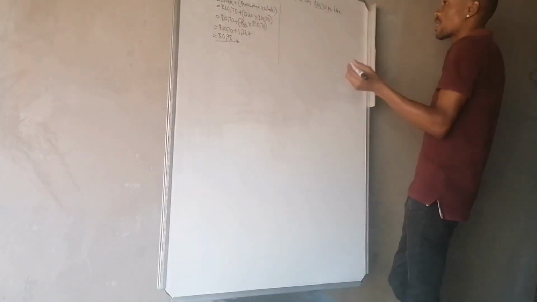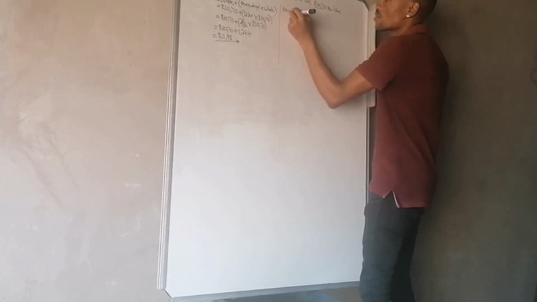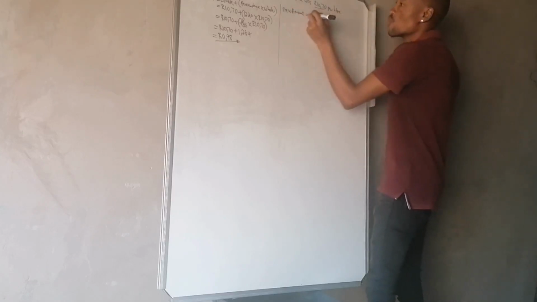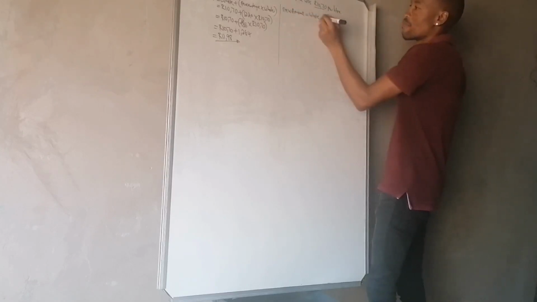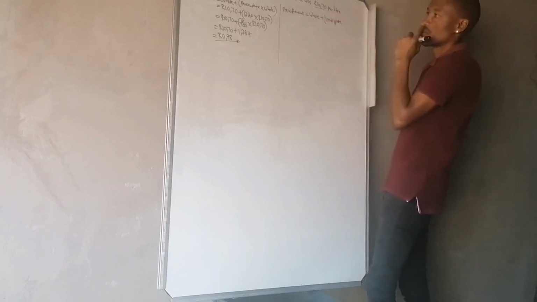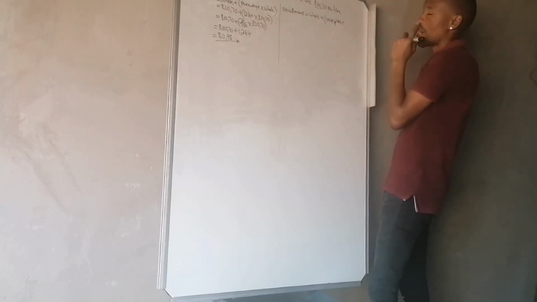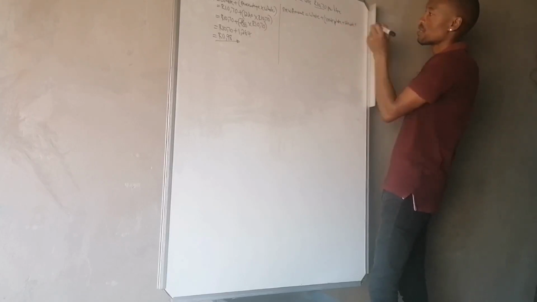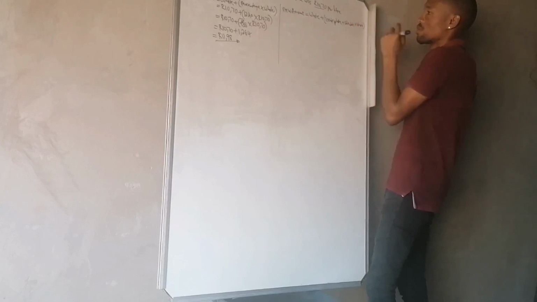So the second method: the new amount equals the whole plus 12% of the whole, multiplied by the whole.